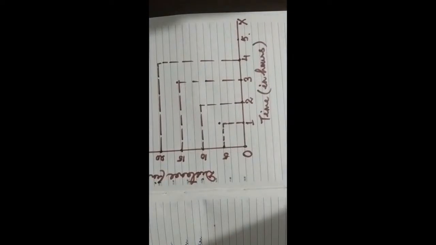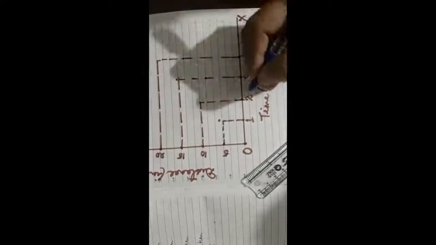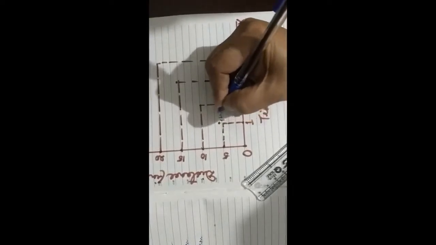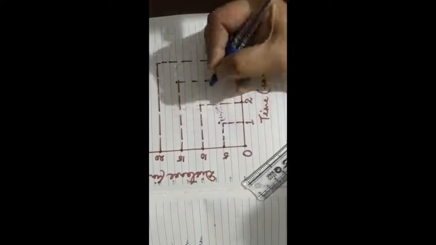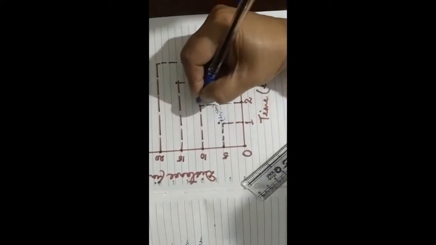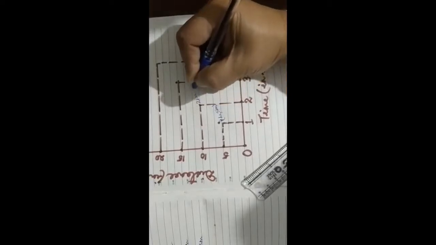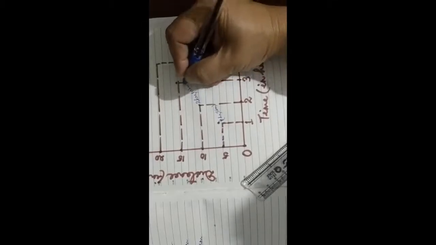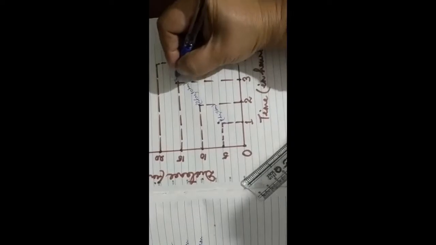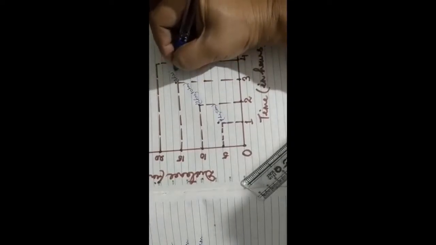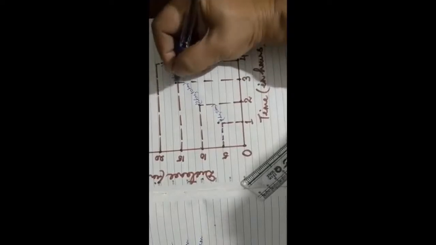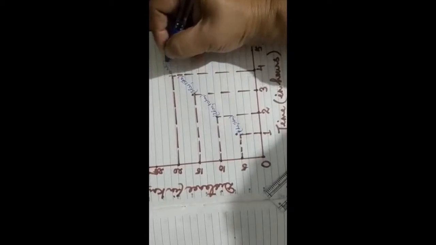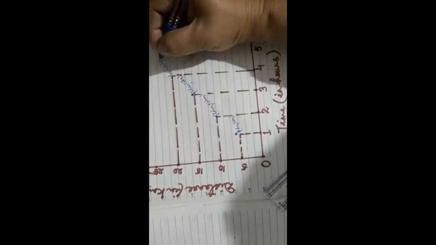Then what you have to do? You have to write down here that in 1 hour, 5 kilometers. This point is representing 2 hours, 10 kilometers; in 3 hours, 15 kilometers; in 4 hours, it is 20 kilometers.